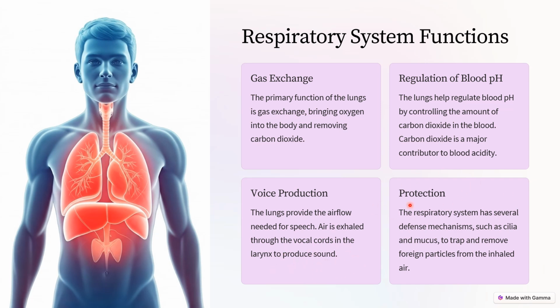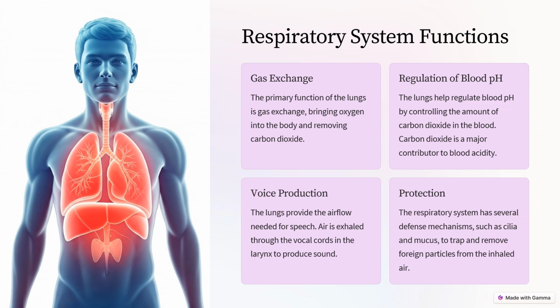Then protection. The respiratory system has several defense mechanisms such as cilia and mucus to trap and remove foreign particles from the inhaled air. Whenever we breathe, there is a cilia and mucoid lining over the trachea.